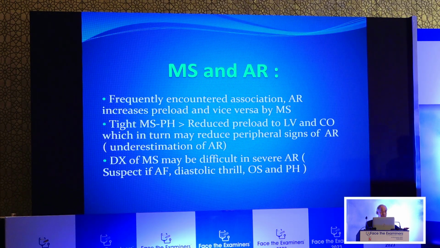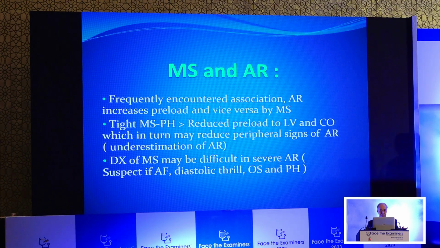So in patients of tight mitral stenosis with severe pulmonary hypertension, it is important to remember that peripheral signs of aortic regurgitation can be underestimated. So when you get such a case, it is possible that you are underestimating the aortic regurgitation, and that is what is expected from you in the examination. The examiner will keep asking, how much do you think is the AR?